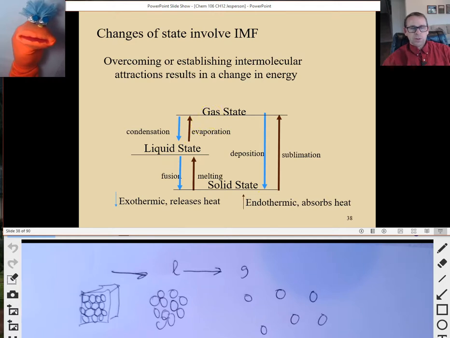So, if I have some liquid on my arm and something happens to make that liquid evaporate into a gas, so I have some water on my arm and the water evaporates into gaseous water from my arm. Well, when that happens, the process is endothermic, meaning it is requiring heat from the surroundings.